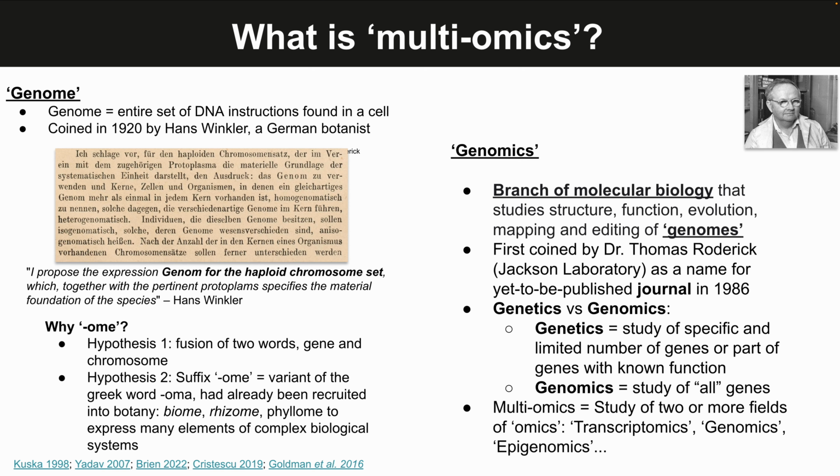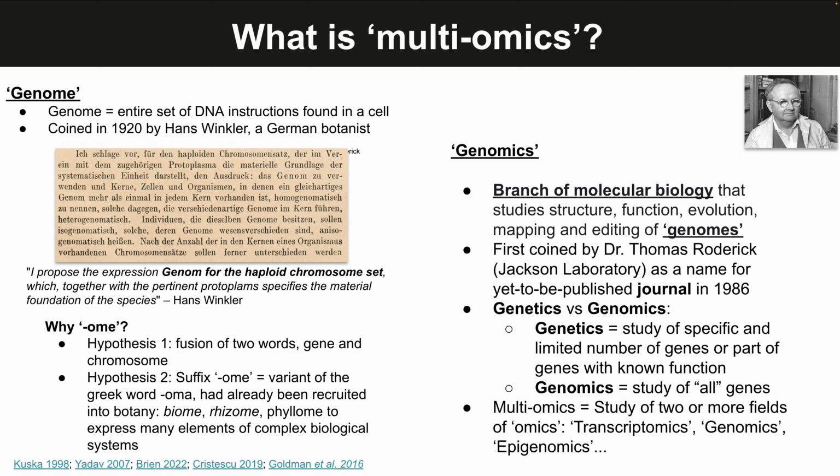Multi-omics is just the study of different types of omics. So if you are studying genes, broadly genomics, the general understanding is it refers to DNA, but broadly it actually also means transcriptomics.